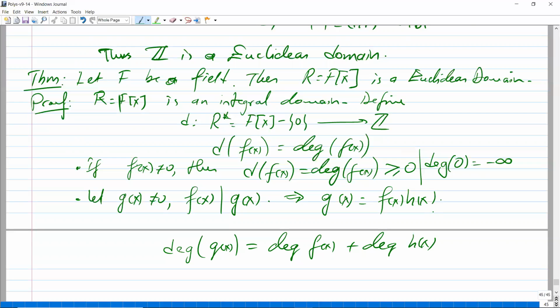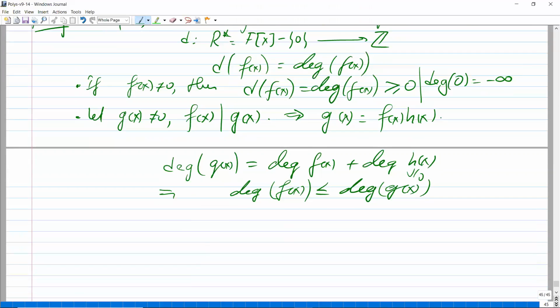But h of x is not 0, otherwise g would be 0. So the degree of h is greater than or equal to 0. That means the degree of f of x is less than or equal to the degree of g of x, i.e. d of f of x is less than or equal to d of g of x, as required. So that's the second property.